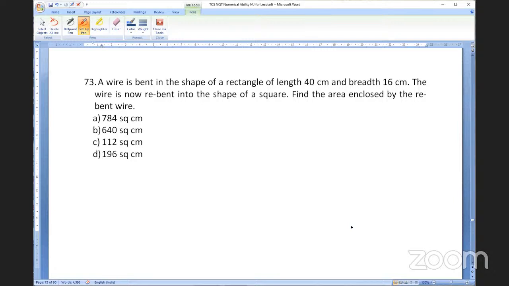Fix up a timer for yourself. Tick tock, timer running. Chalo, chalo.